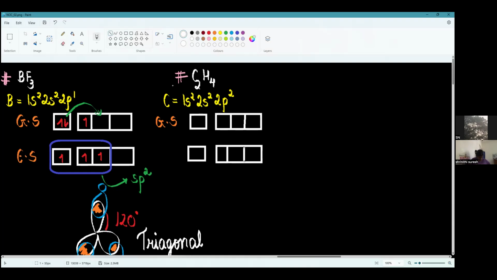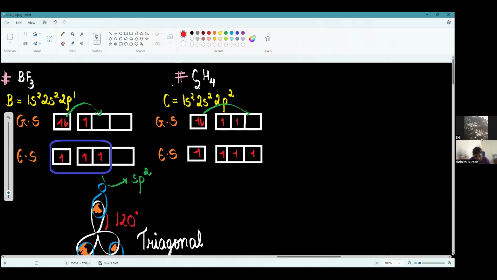With 2s2 and 2p2, it has only 2 unpaired electrons. So in the excited state of carbon, 1 electron from 2s jumps into 2p. Once done, carbon will have 4 unpaired electrons, which it should have because its valency is 4. Got it?